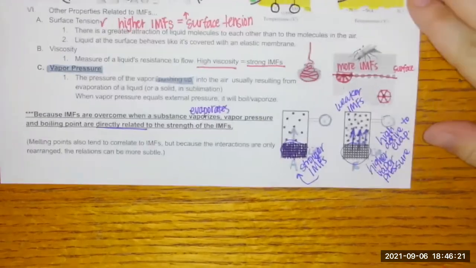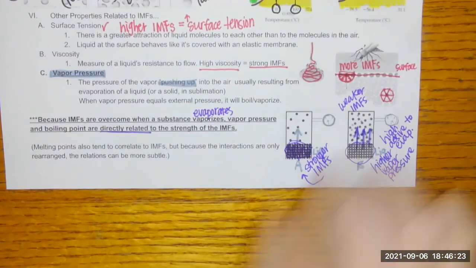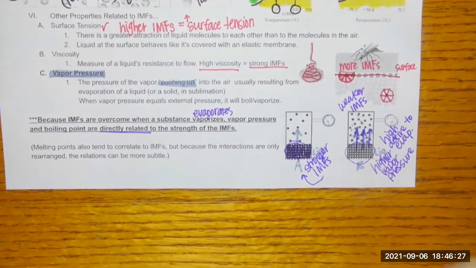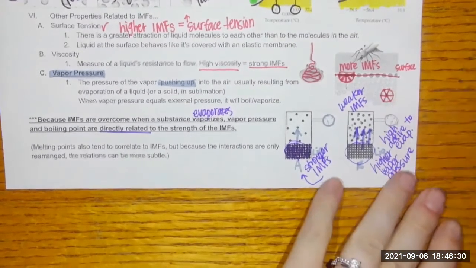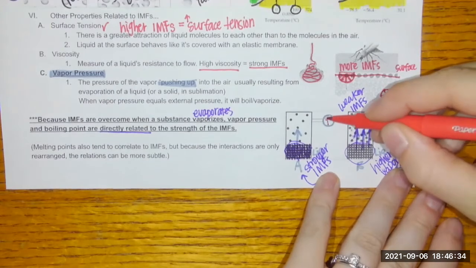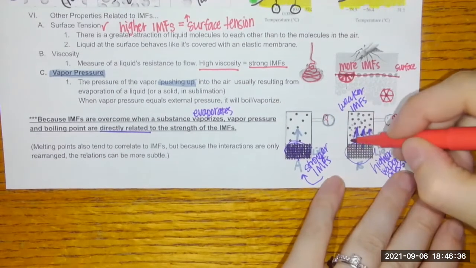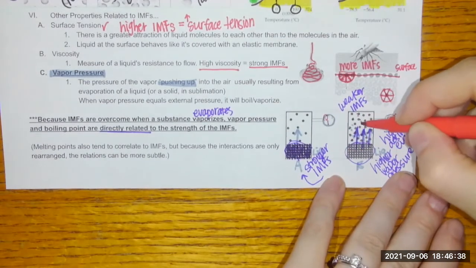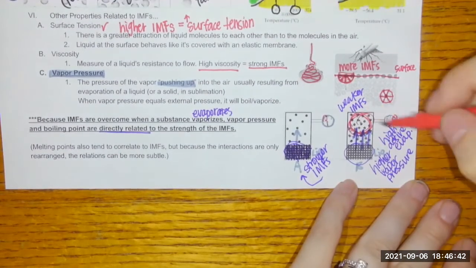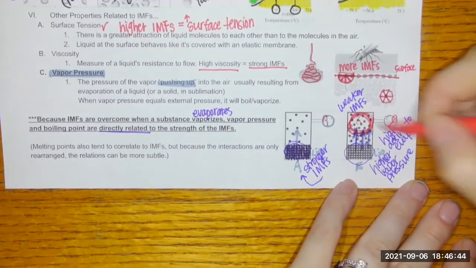So if I just gave you this picture here and said, which of these two has the higher vapor pressure? You should be able to say this one. Look at the dial. Bam, it's at 2. It's much higher than this one over here. Or 1, 2, 3, 4, 5, 6, 7, 8 bajillion. There's so many more particles in the gas state. It is way more pressure over here.